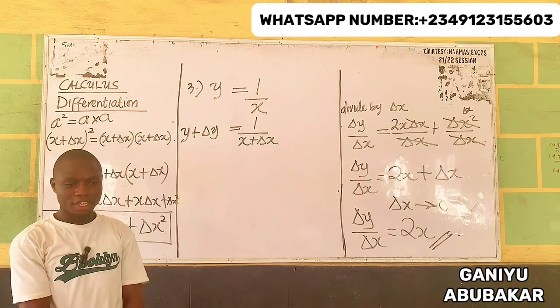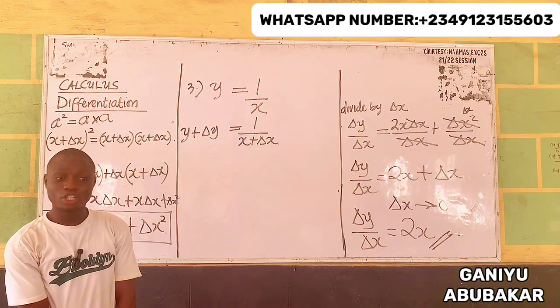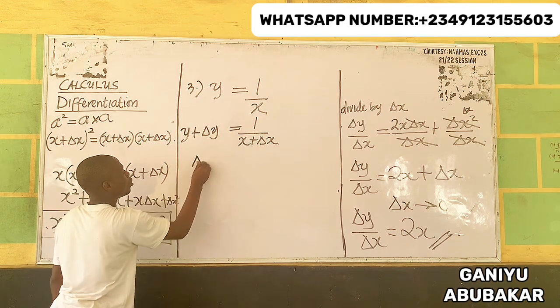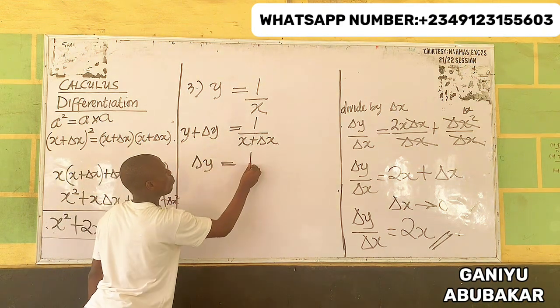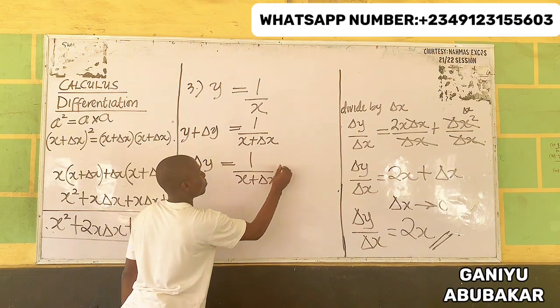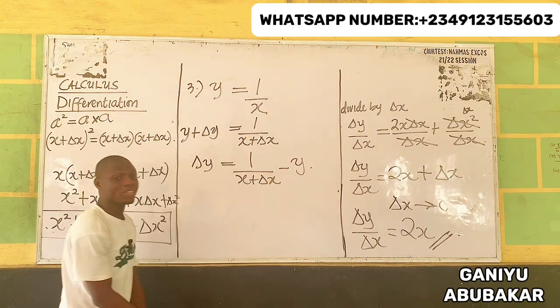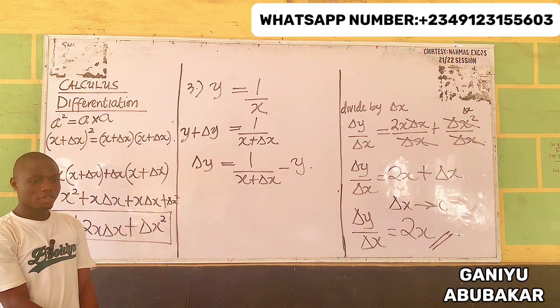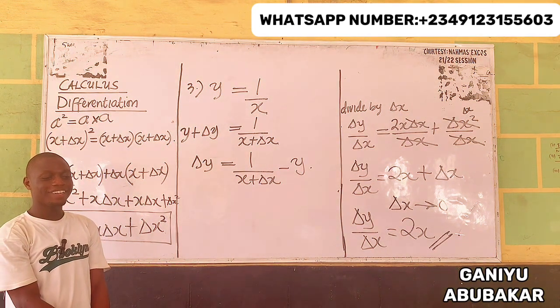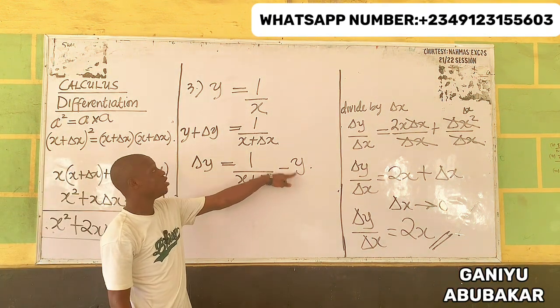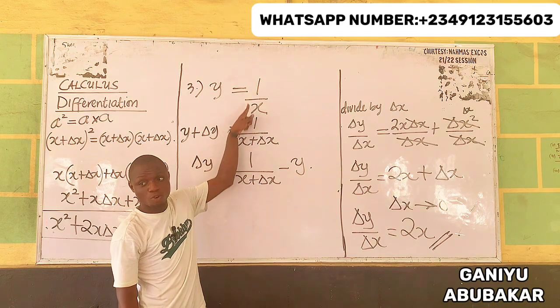What next here? Take y to the other side. I'll have change in y equal to what? 1 over x plus change in x minus y. What next again? I will have to put y as what? 1 over x, not x, 1 over x.